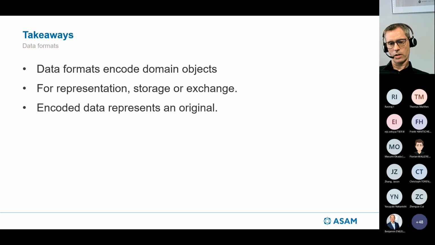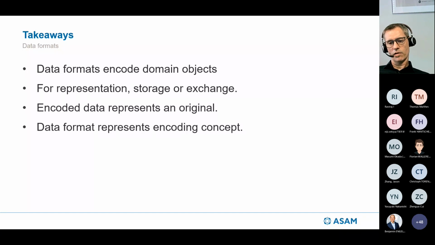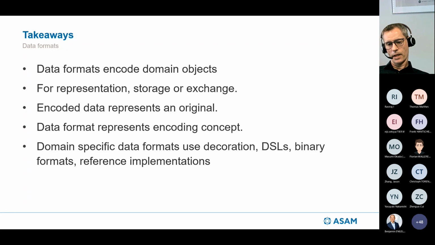The encoded data represents an original, which means, for example, an OpenSCENARIO 2.0 description represents the basic idea of a specific scenario, and the data formats represent encoding concepts, which means that both are also some kind of models. And domain-specific data formats use decoration like domain-specific languages, binary formats, reference implementations, and so on.